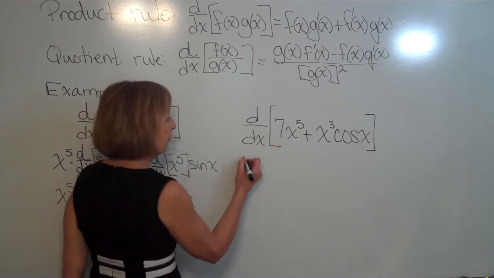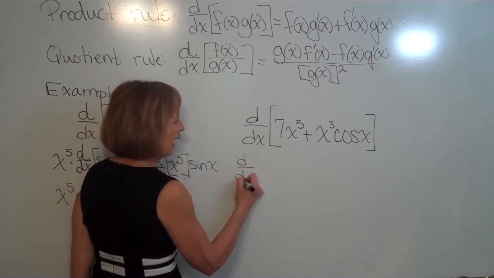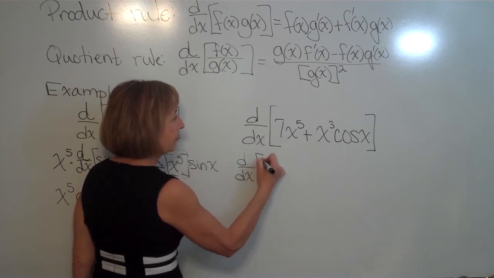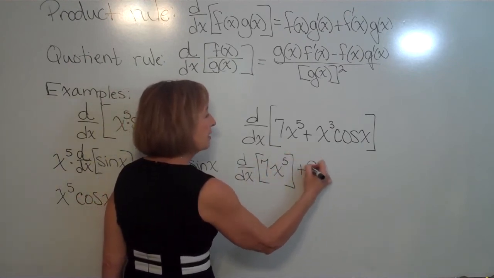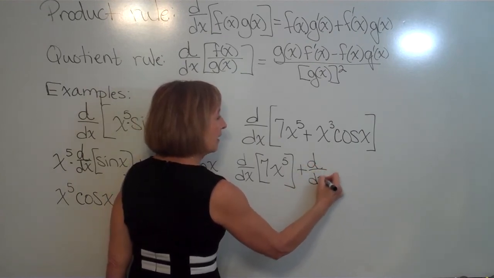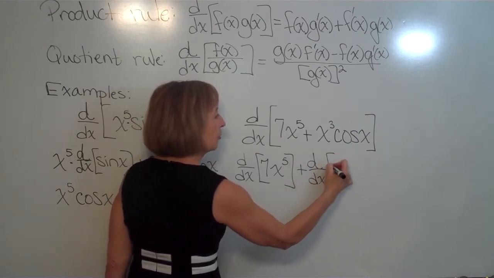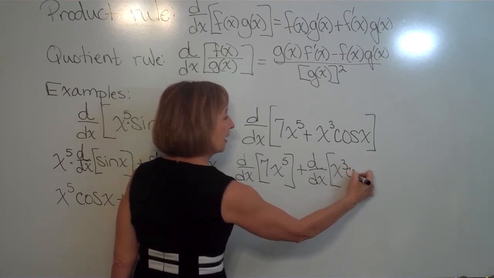So we're going to differentiate with respect to x of that first term, 7x to the fifth, plus the derivative with respect to x of that second term, x cubed cosine x.